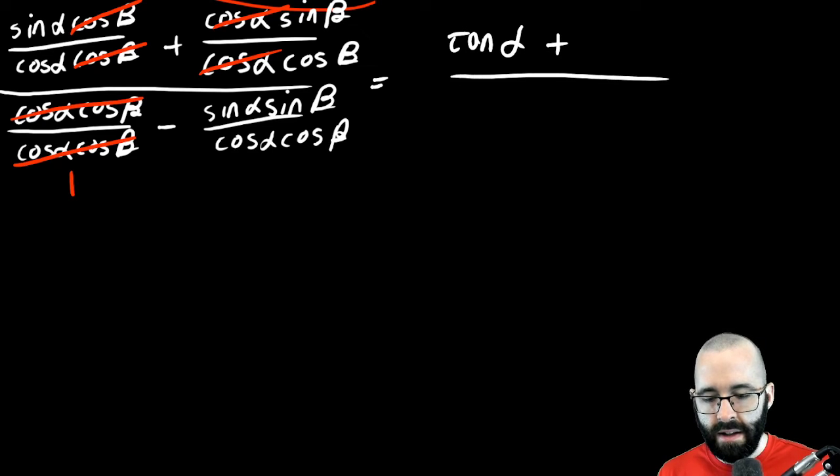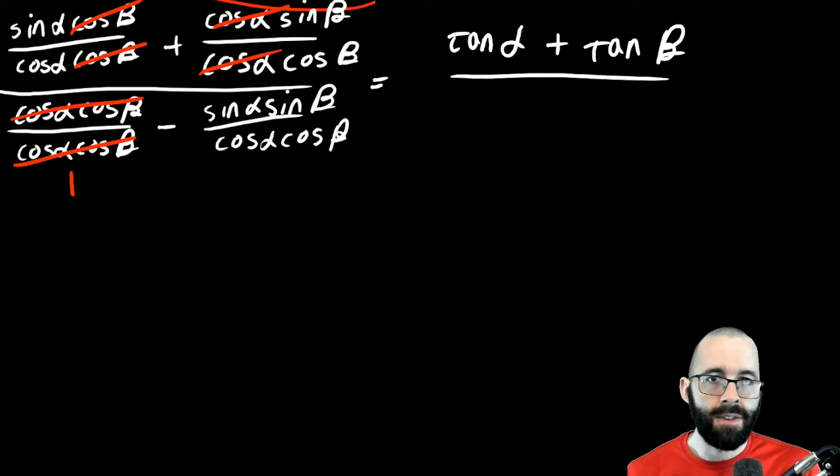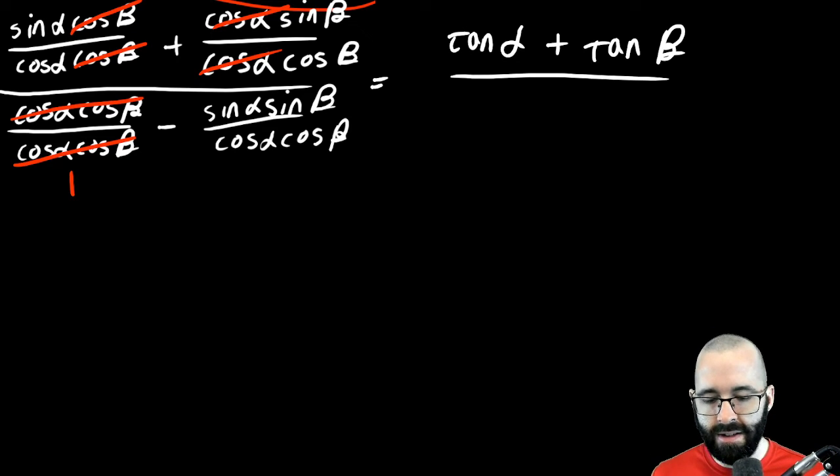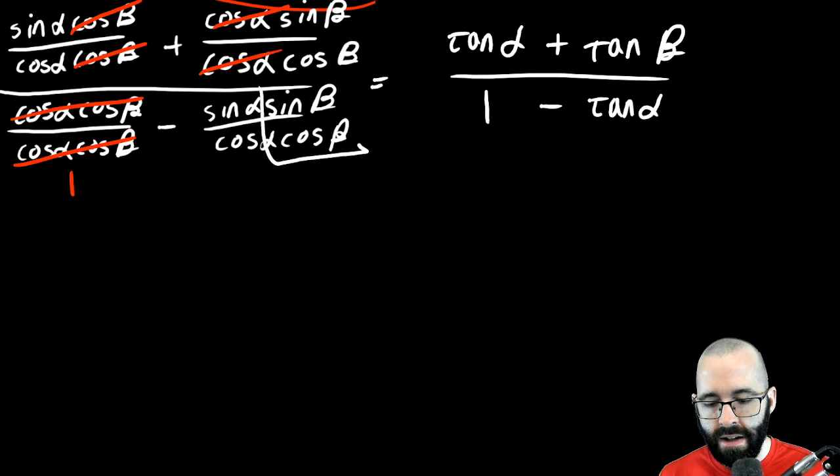Plus sine beta over cosine beta. That's just the tangent of beta. The sine of an angle divided by the cosine of that angle is the tangent of that angle. Divided by 1 minus sine alpha over cosine alpha, tangent alpha, sine beta over cosine beta, tangent beta.